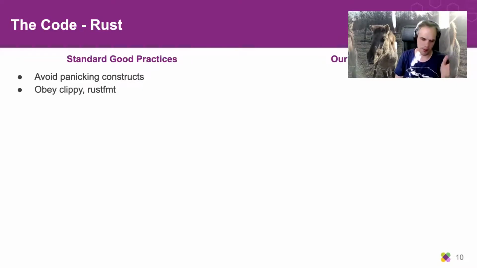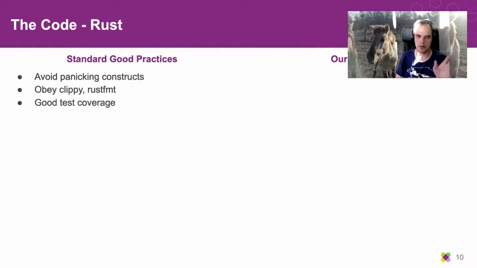Actually, Clippy is super annoying, but it's actually super helpful. When we introduced pedantic mode, I think we had a solid 3% performance increase in our benchmarks. So obeying Clippy tips is actually worthwhile.